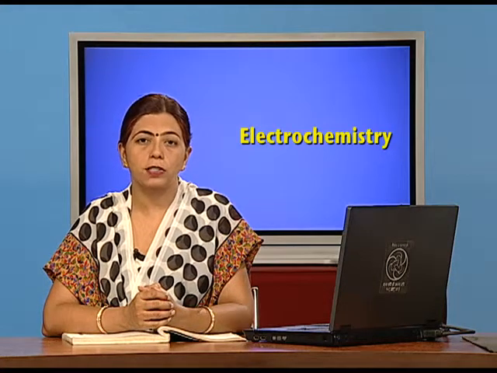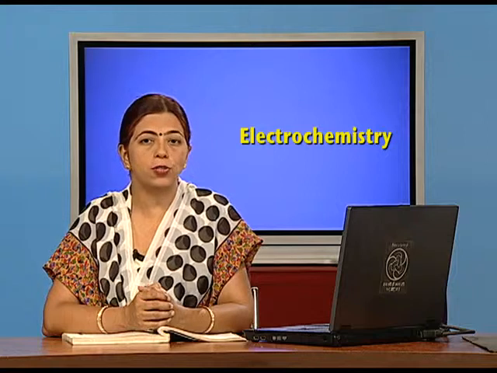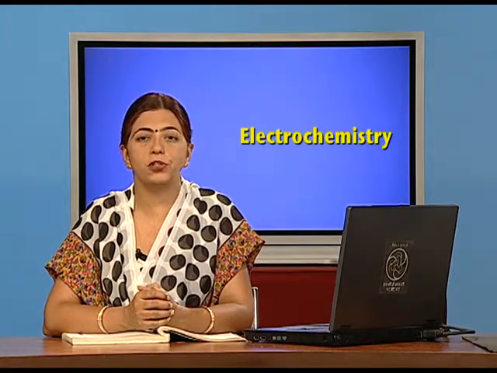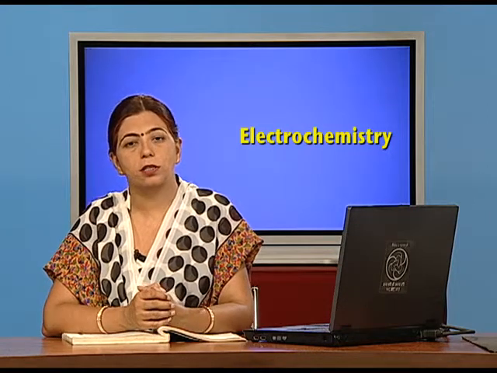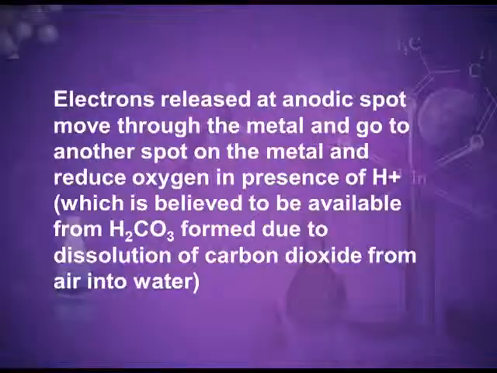These electrons move through the article and reduce the oxygen at another point in the presence of hydrogen ions. Now, where do these hydrogen ions come from? Actually, atmospheric carbon dioxide in the presence of moisture forms carbonic acid, that is H2CO3.